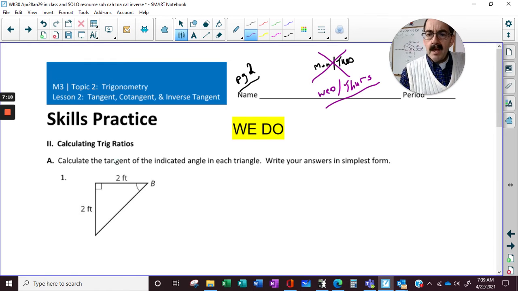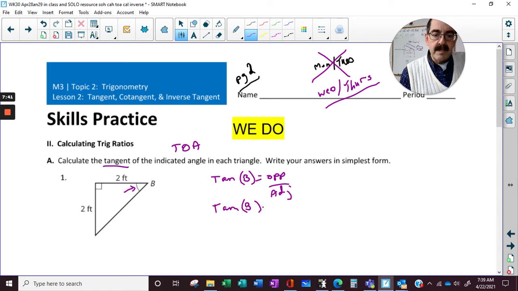Algebra piece. Calculate the tangent. Tan, that's TOA. And we want to calculate that angle measure. So, everybody, the tangent of angle B is equal to the opposite over the adjacent, 2 over 2.